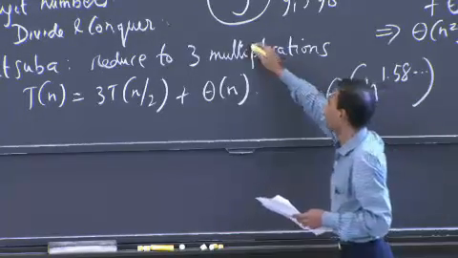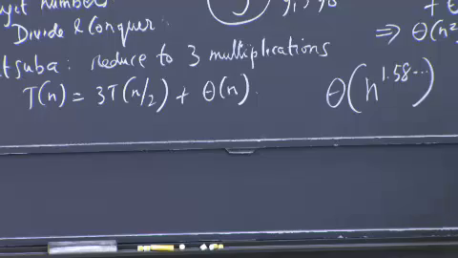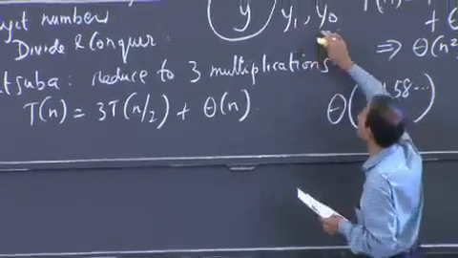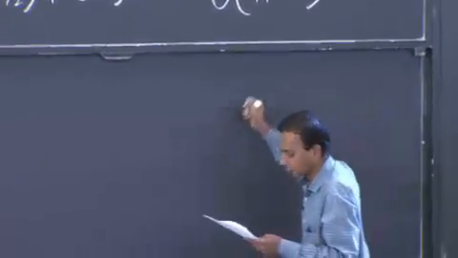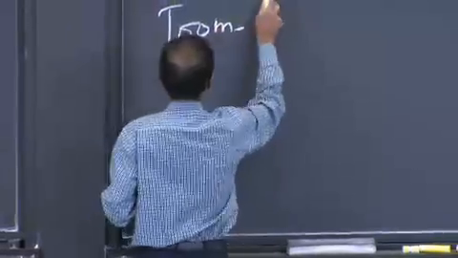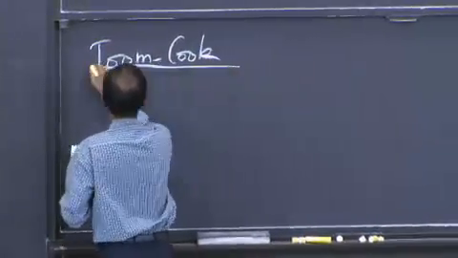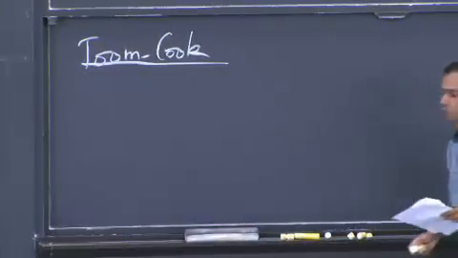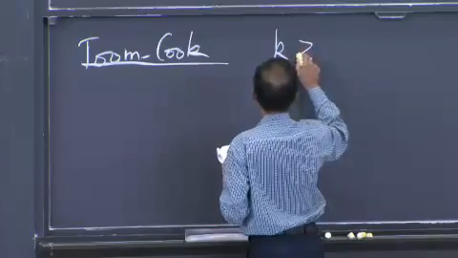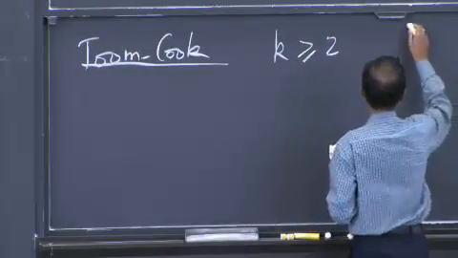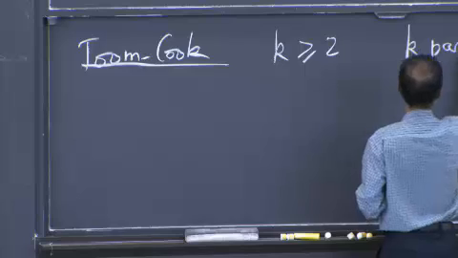No reason to stop with breaking things up into 2 parts. You could imagine generalizing Karatsuba, and people have done this. 2 different researchers, Toom and Cook, generalized Karatsuba for the case where k is greater than or equal to 2, where you're breaking it into k parts.